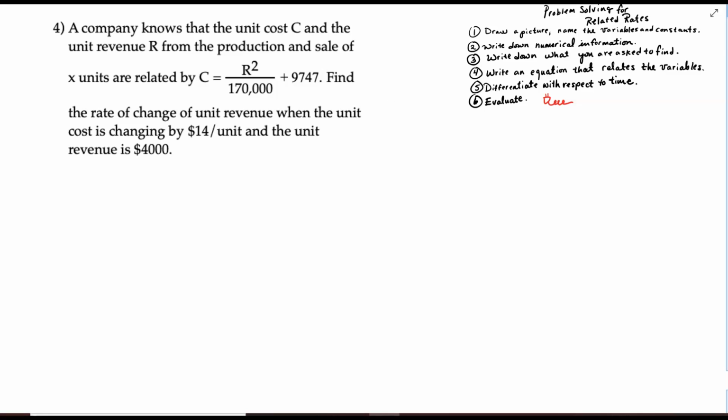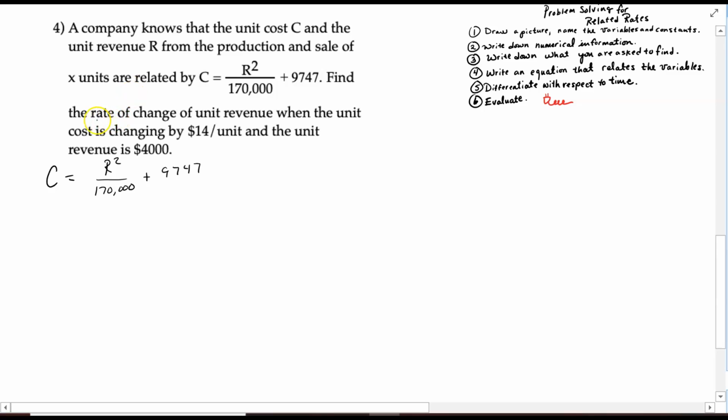So the first thing that I'm going to do, I know that I've got some variables C and some variables R. I'm going to write down the formula that they gave me. So this is C equals R squared over 170,000 plus 9,747. Something simple like that. They give it to us. What's next that I know?